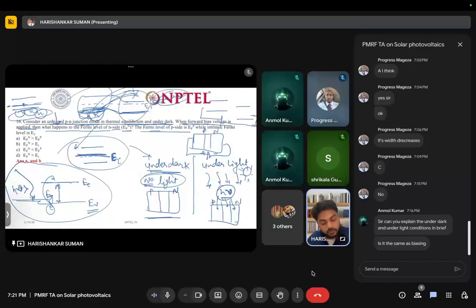Similarly for electrons, if electrons get less, the Fermi level goes down, from the conduction band closer to mid gap in separate p and n semiconductors. But here is the case for the p-n junction.